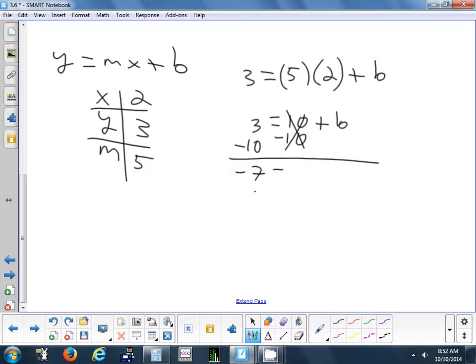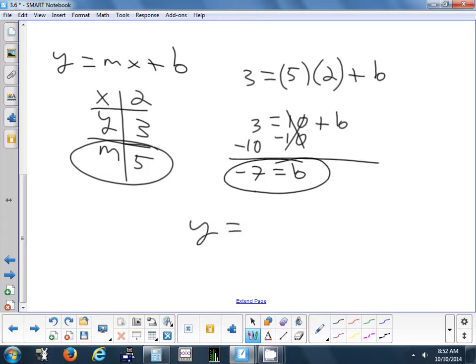Good. All right. So now I've got B. I've got M. Can anybody give me my final answer to that problem? And remember, it's going to start out y equals, and just fill in the 2 things I circled. Luke? Y equals 5, 2 plus 6. Oh, plus -7.